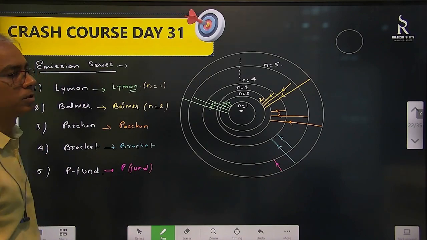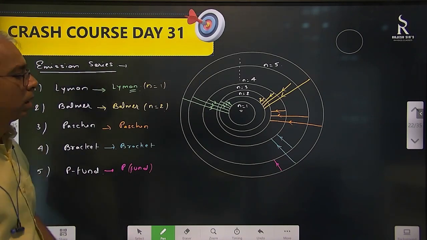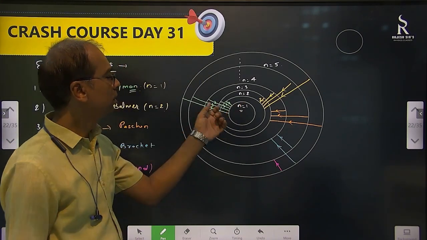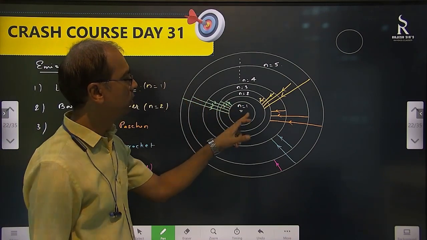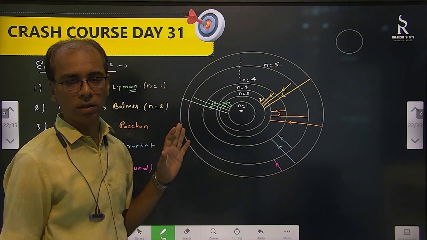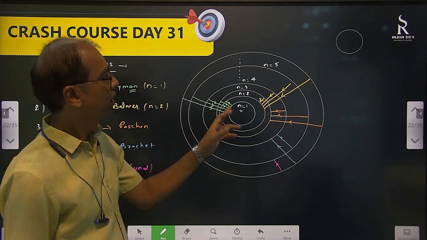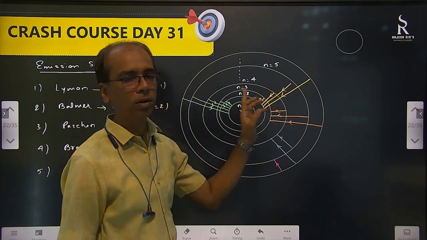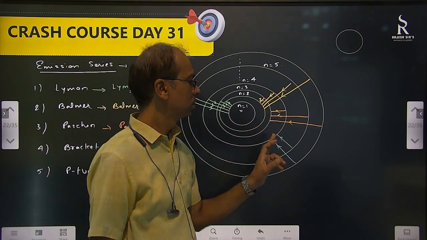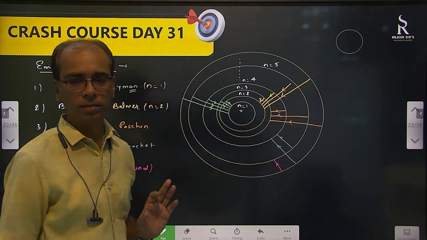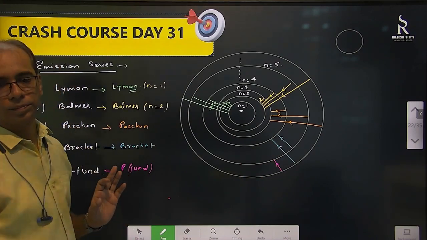So this is the emission spectrum. When you talk about Lyman, the electron can be from anywhere and it jumps to n equal to 1. Then if it is jumping to n equal to 2, it belongs to Balmer. Then this is Paschen, this is Brackett. Okay, clear.